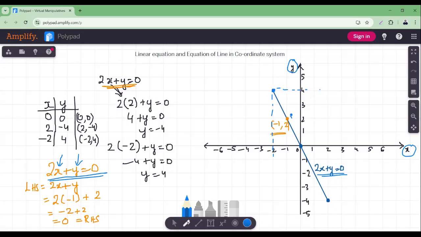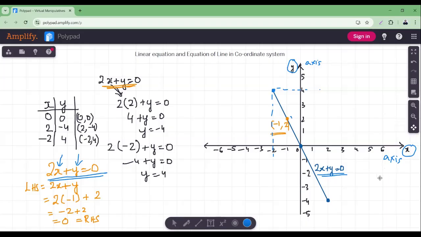That means every point is connected to x and y, and that is why we have two variables in that equation. This is a two-axis coordinate system. This is one axis, this is another axis. So when it's a two-axis coordinate system, a linear equation with two variables will be there, right?